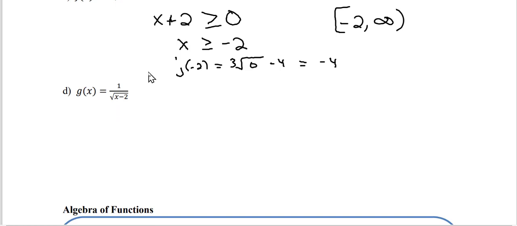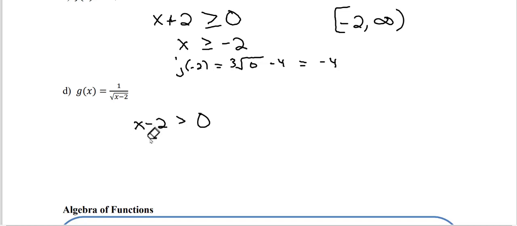On this one, we have to be really careful because typically we would say, oh, we have inside a root, we need x plus 2 to be greater than or equal to 0. But we're actually running into two issues here. We're running into the root, not letting that be negative inside the root, but we also can't have the 0 there in the denominator, so we actually have to get rid of that equal sign.